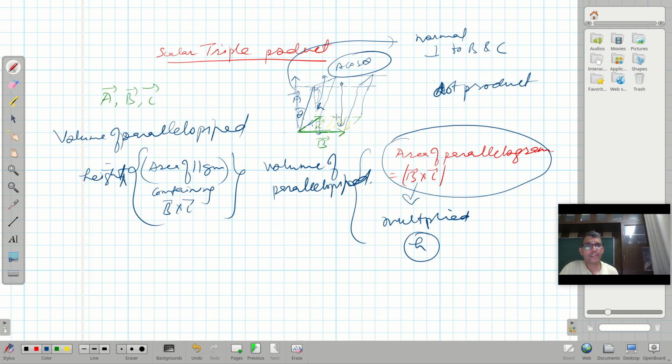These are the two parallel faces, and the perpendicular distance between them is nothing but A cos theta. And what is theta? Theta is the angle between, rather than this, let me write it as A cos theta.